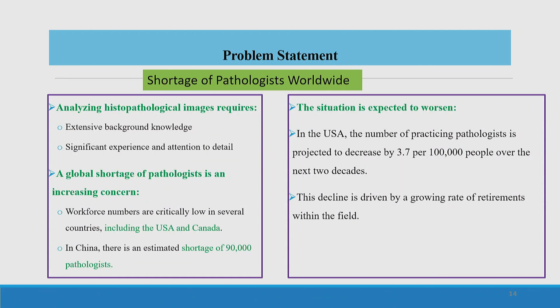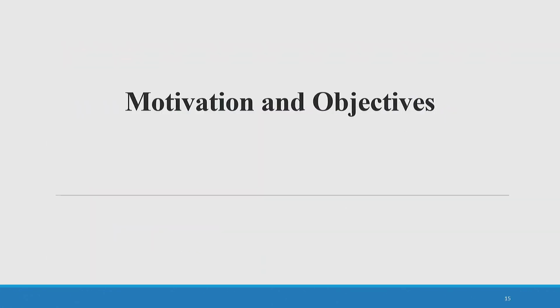Another problem is the shortage of pathologists worldwide. I have mentioned some figures here. For example, in China, there is an estimated shortage of 90,000 pathologists. So this is also a limitation of whole slide imaging diagnosis.